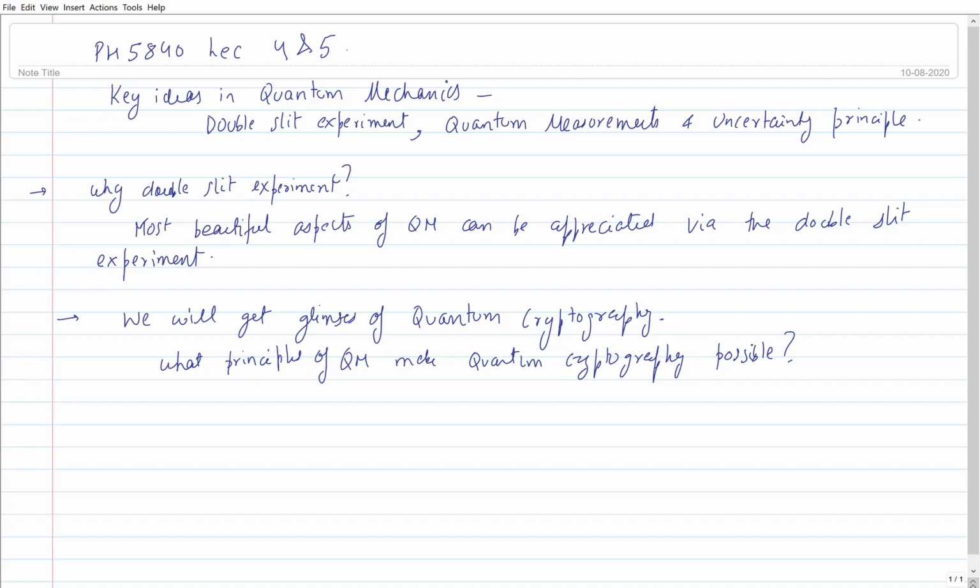Also, I would tell you that you can regard the double slit experiment itself as a quantum computer, or quantum computer to be a gigantic double slit like experiment happening. So that's essentially the idea.